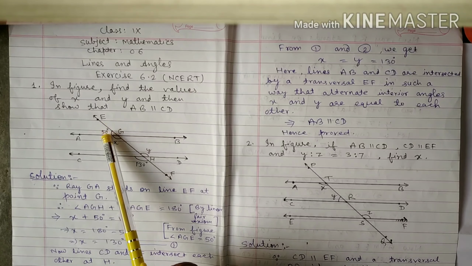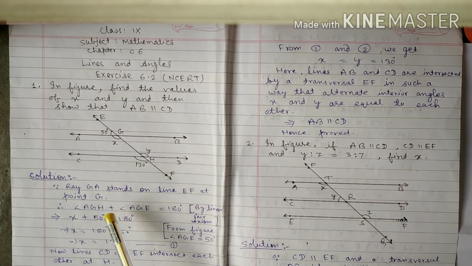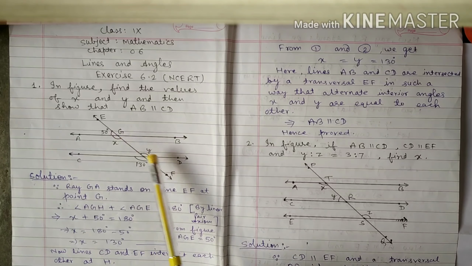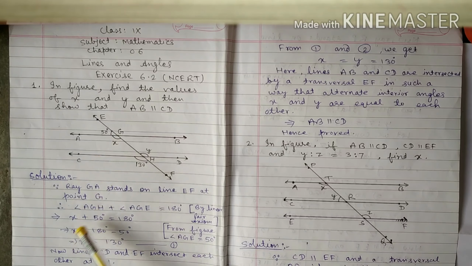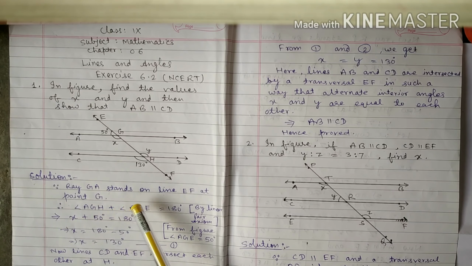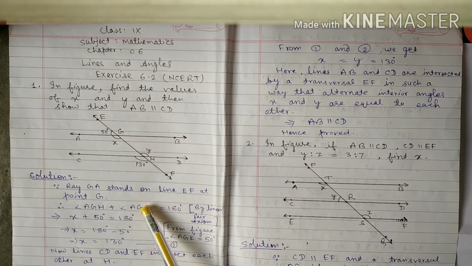Angle AGH equals x degrees, given in the figure, so we put angle AGH equals x and angle AGE equals 50 degrees, and this equals 180 degrees.